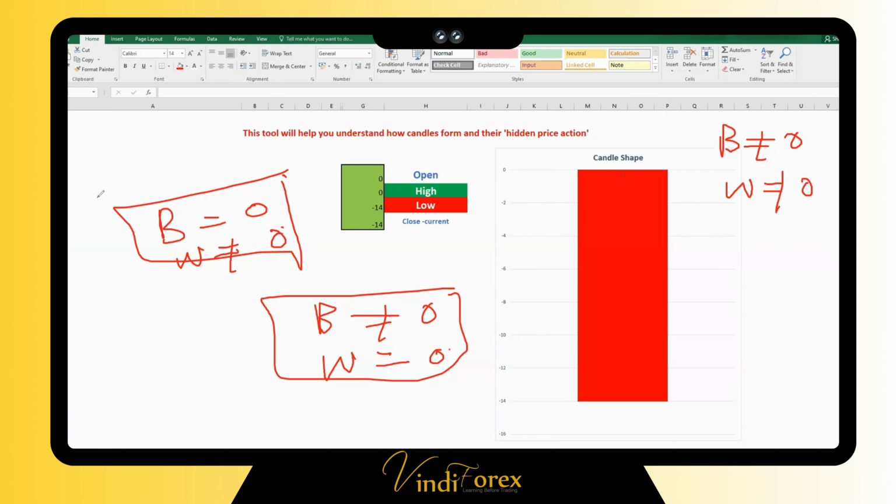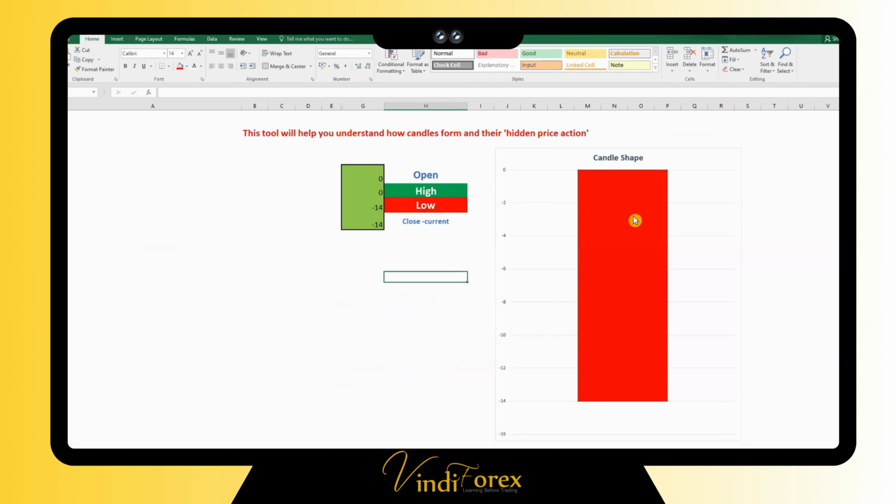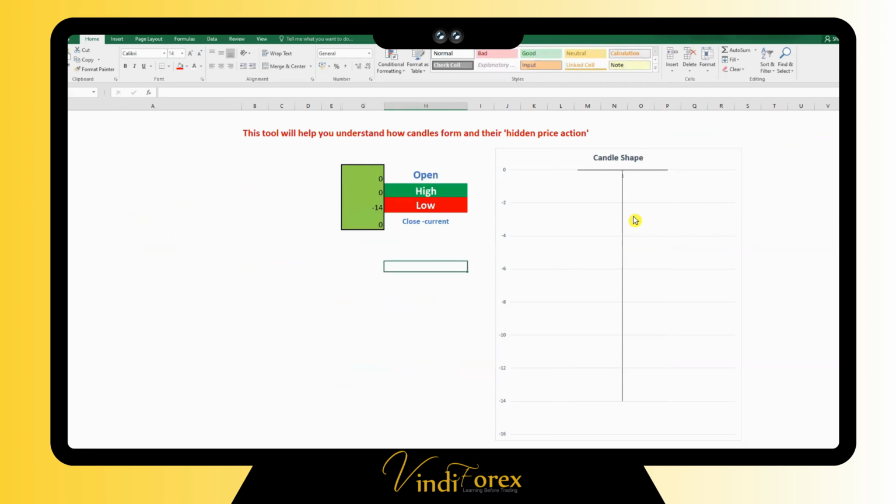Okay, so the body being zero is when price opens at the same point and closes at the same point, but it has gone somewhere. So let's say this candle opened here and went down to be red. Before it closed, it went back up to the same area. This is what you get.